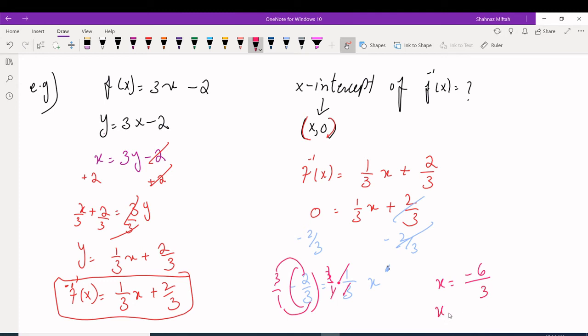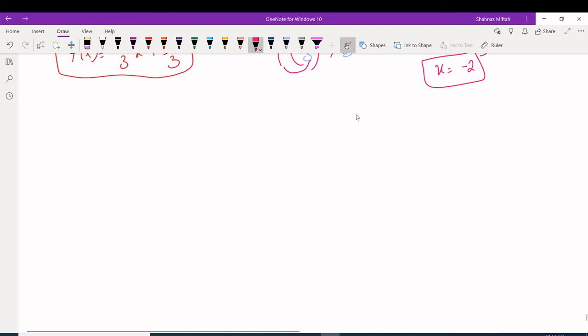You simplify this, it's going to give me negative 2. So what is my x-intercept? It's negative 2. How do we write it as an ordered pair? Negative 2, 0. Like that. So that's how you find x-intercepts. Now, some graph questions. Let's do the example. I have a graph.